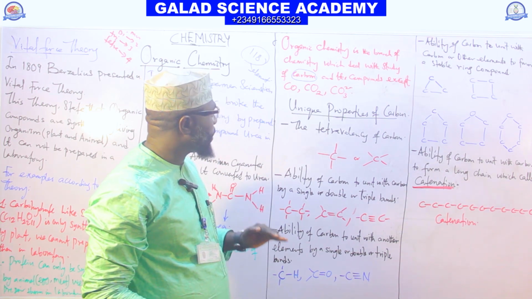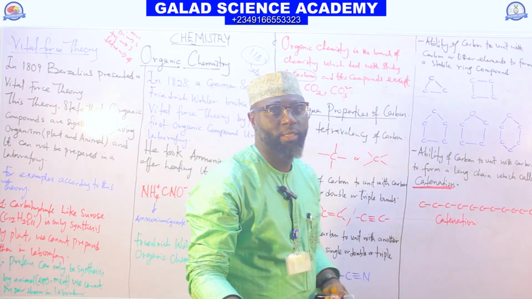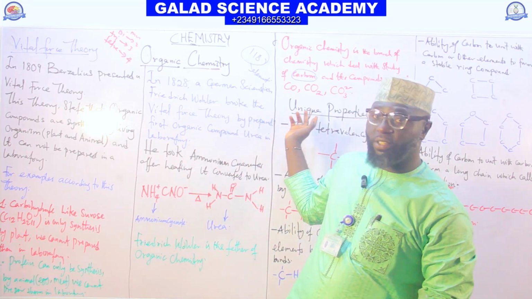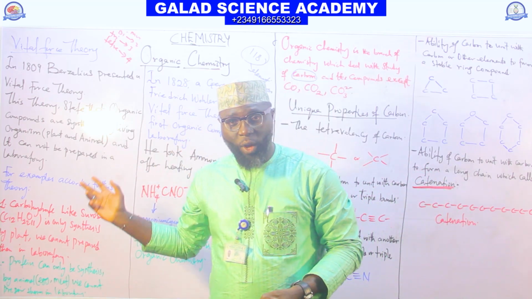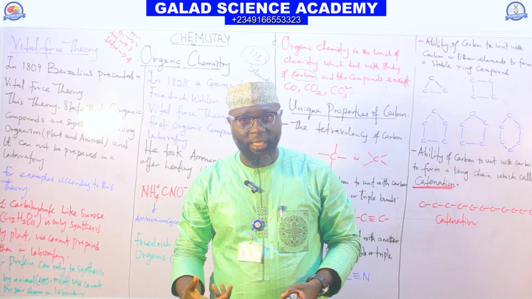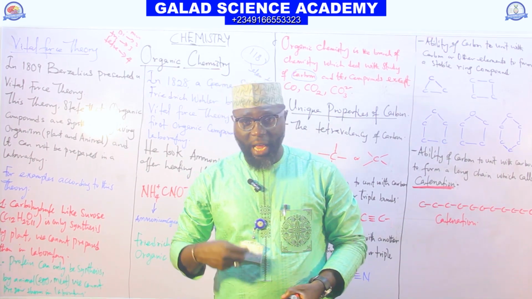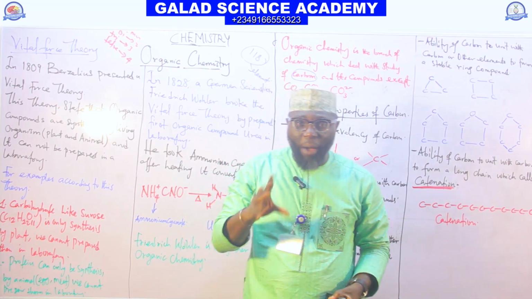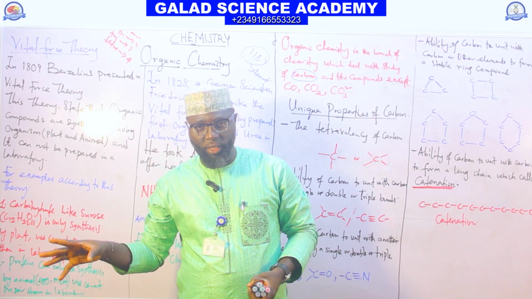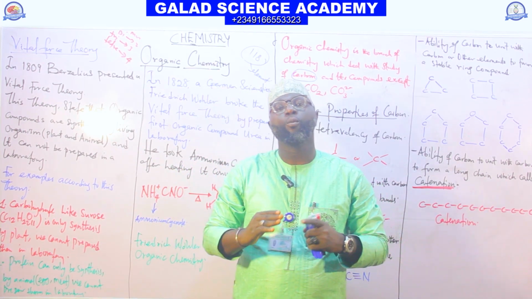So the next thing that we are going to treat now is: what is an organic compound? I explained organic compound from the beginning of the class. Organic compounds are compounds obtained from living organisms, and they contain carbon bonds, and they exist in a family of homologous series.